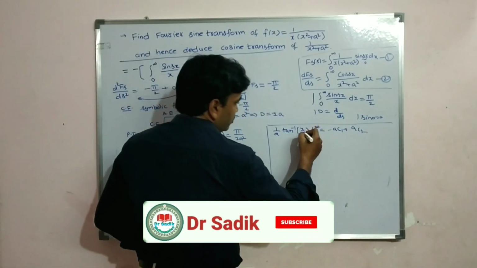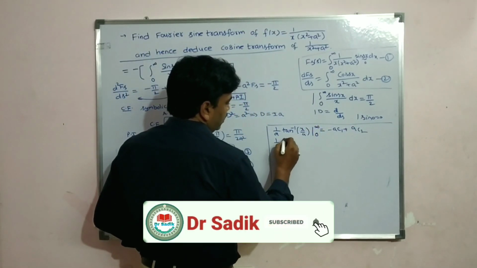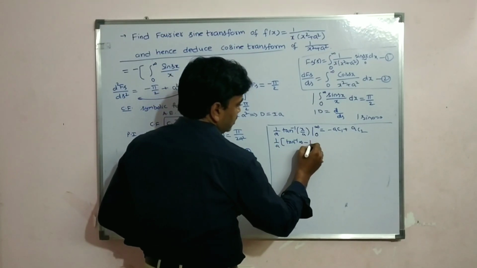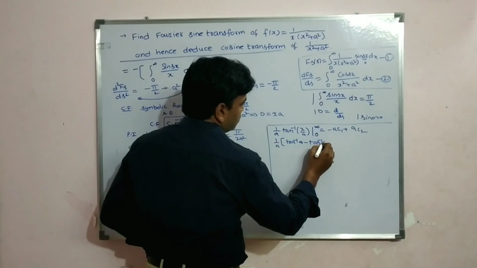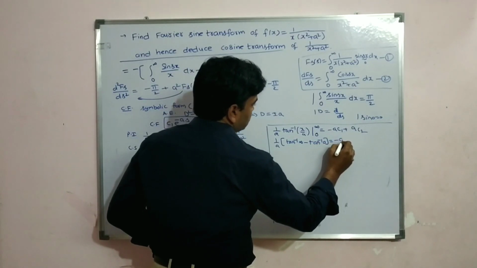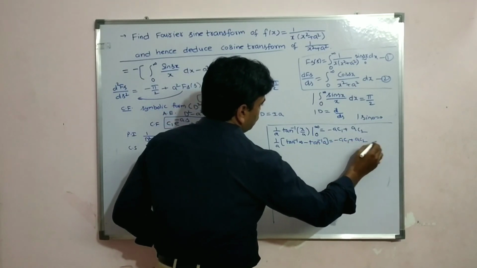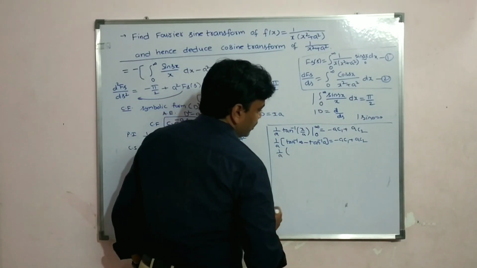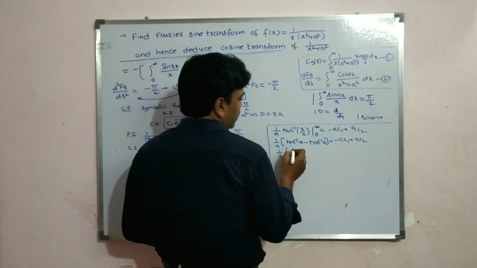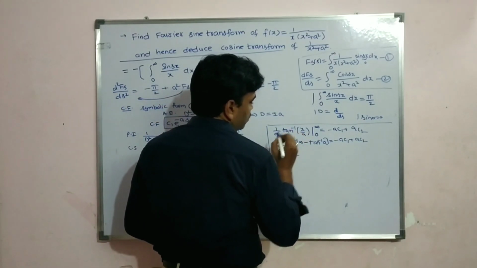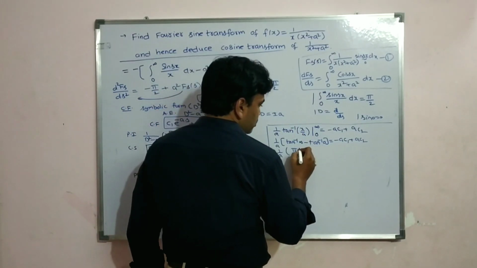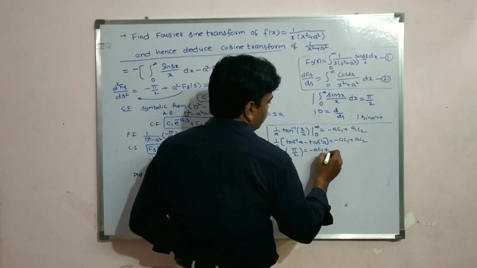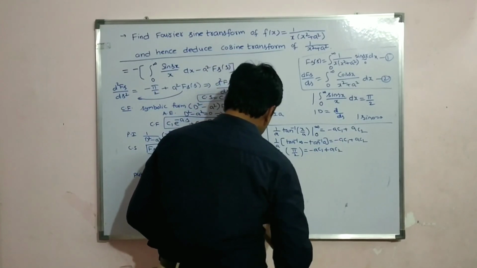Now substitute the upper limit: (1/a) tan⁻¹(infinity) minus the lower limit tan⁻¹(0), that is equal to −ac1 + ac2. tan⁻¹(infinity) is π/2, tan⁻¹(0) is 0, so that is equal to −ac1 + ac2.